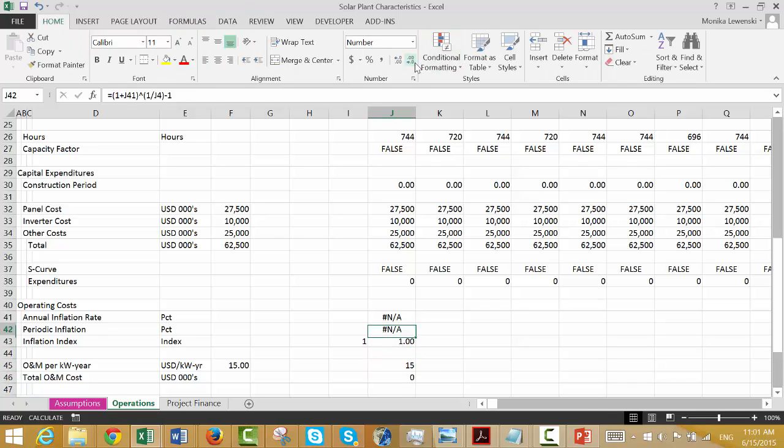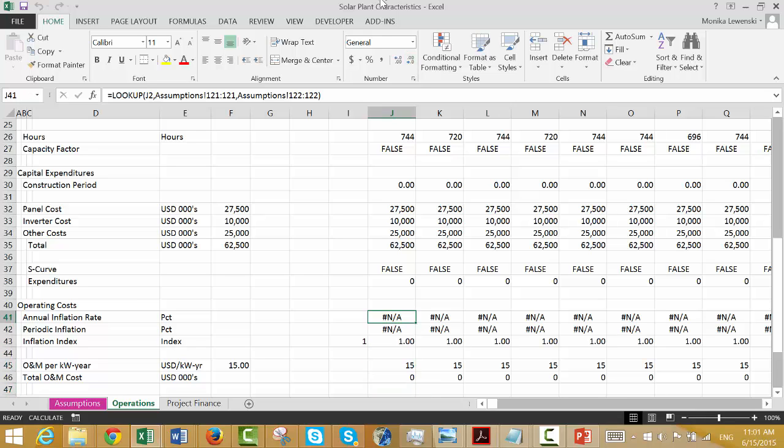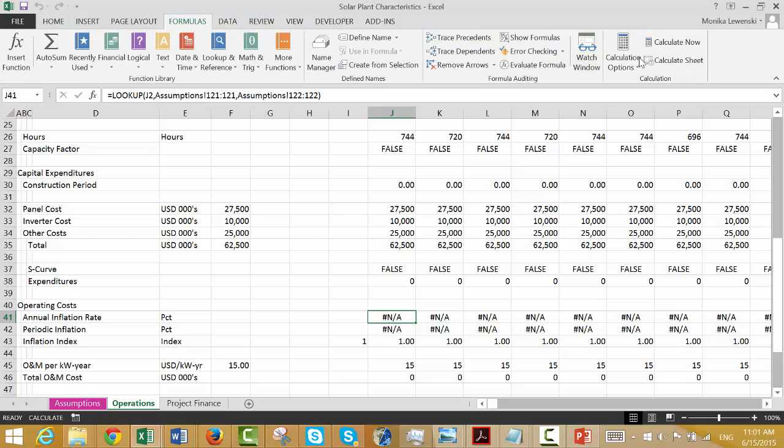Okay, we don't have to do multiple switches. Shift Control R, and let's just put the calculations back because let's make sure everything was working okay. And we're just about finished.